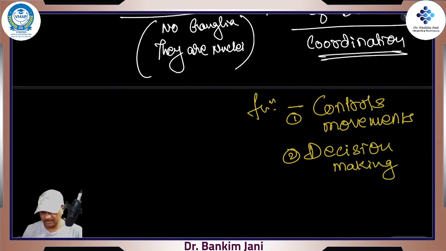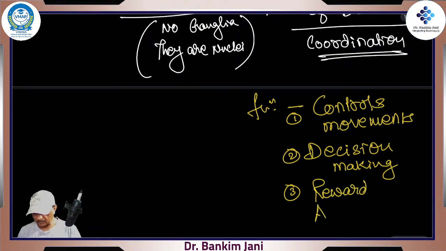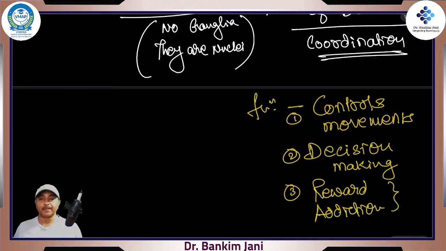Then the way the brain works on the principle of reward, addiction, right? Addiction to something, all these things are related to this basal ganglia.